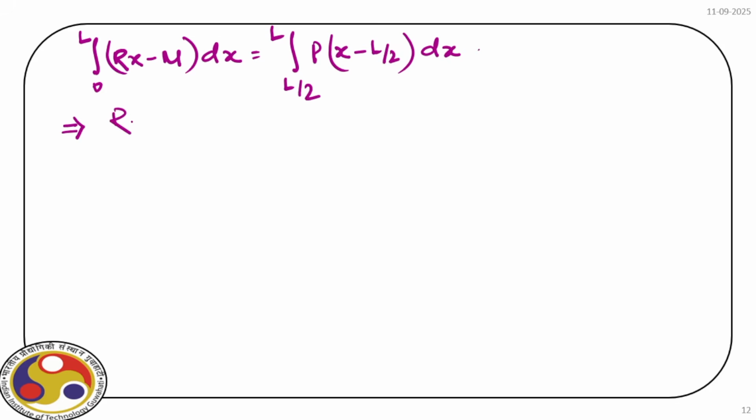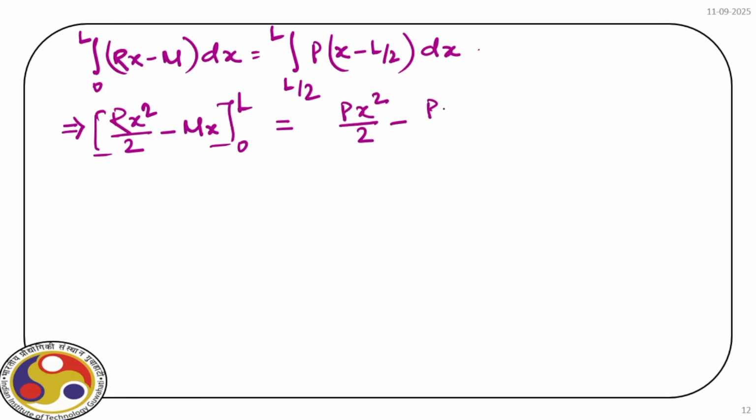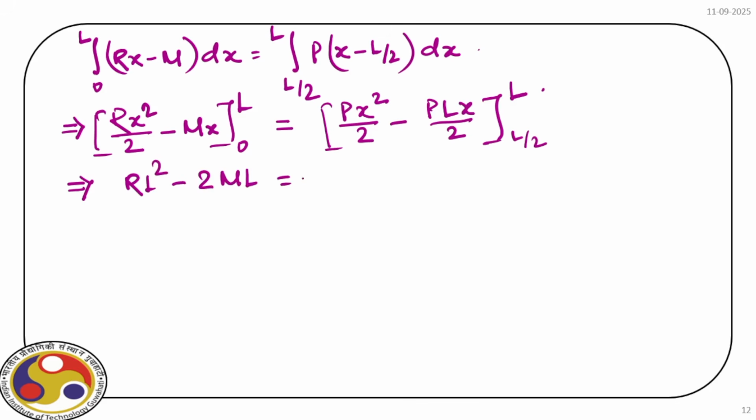So what we effectively have, Rx square divided by 2 minus Mx, range is 0 to L, is equal to, we have Px square by 2 minus PLx by 2, and that we have to evaluate over a range L by 2 to L. So if you do this exercise, we will get RL square minus twice ML is equal to PL square divided by 2 minus PL square divided by 4.